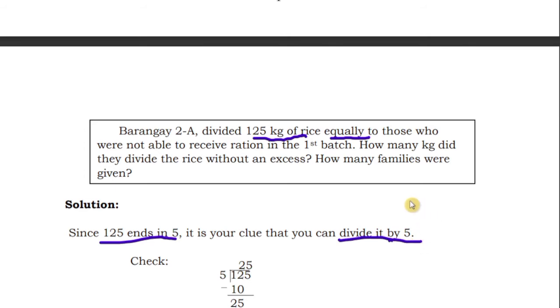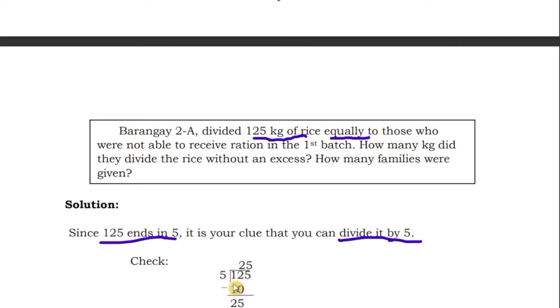That means in barangay 2-A, every family will be given 5 kilograms of rice. But the question now is, how many families in that barangay will be given 5 kilograms of rice? To do that, we're going to divide 125 by 5.